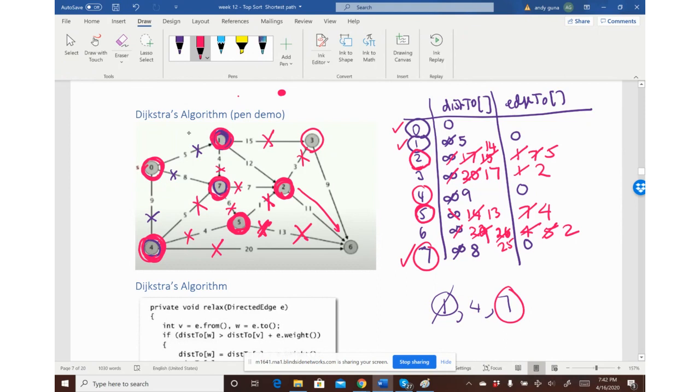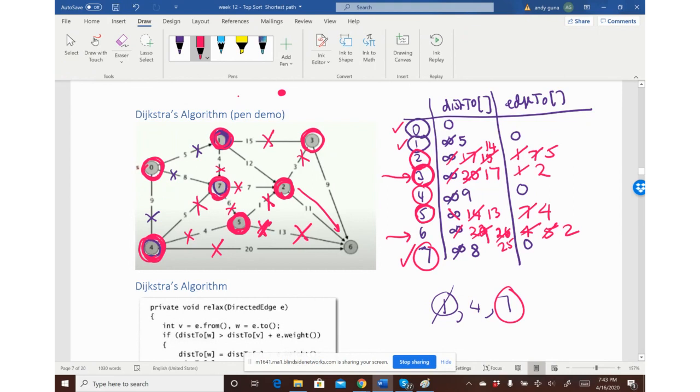That's because I have 2 things left, 3 and 6. So I'll choose 3. From 3, if I update anything, it's 6. Can I get a better distance to 6? No, right?